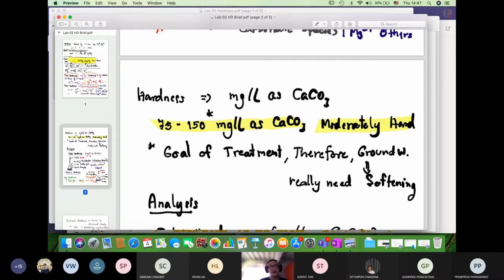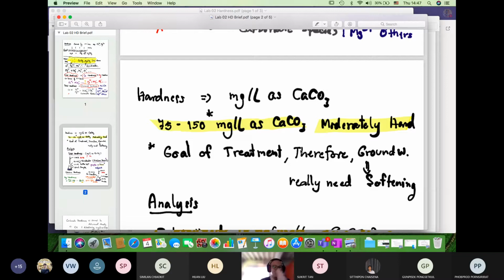So these are the backgrounds about hardness, alkalinity and acidity. For the hardness, we will talk about this in detail again in chapter 7, chapter 6 maybe, in the lectures.